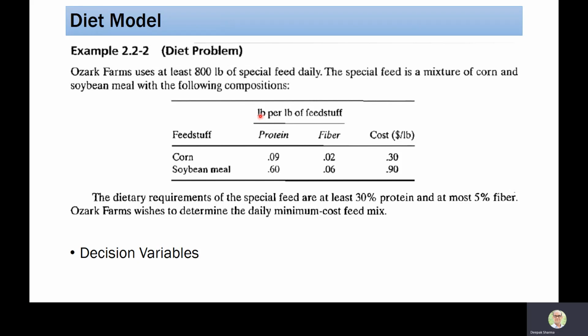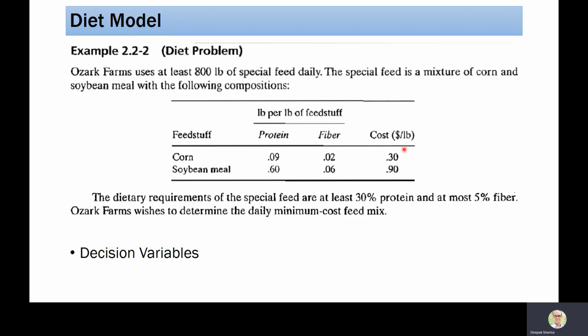Now, for corn, per lb of feed stuff, we get 0.09 protein and 0.02 fiber. Similarly, from soybean meal, we get 0.60 protein and 0.06 fiber.